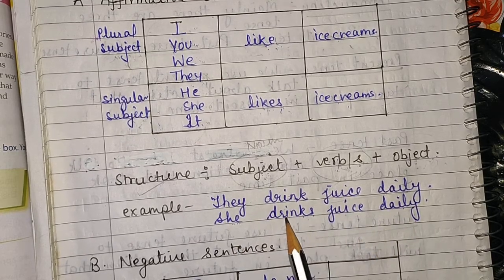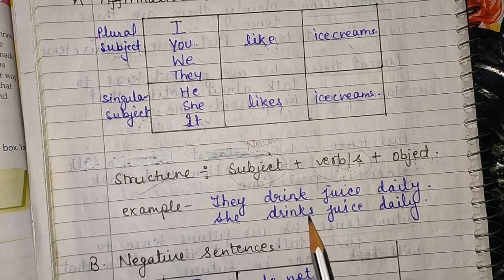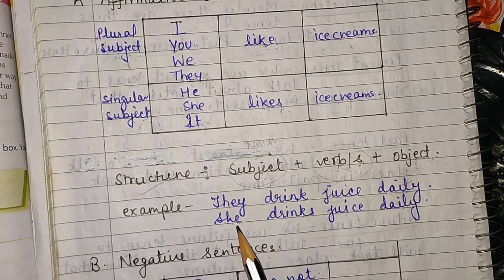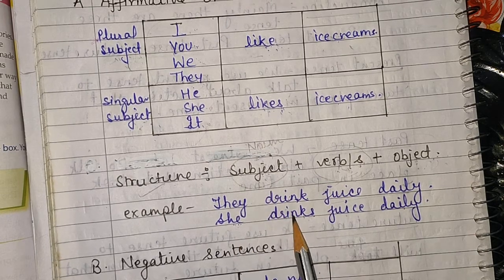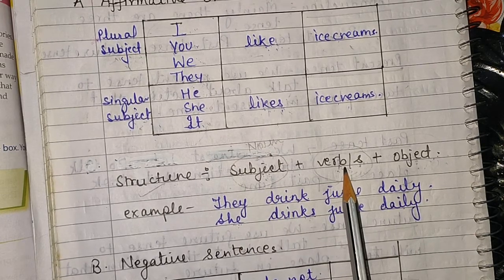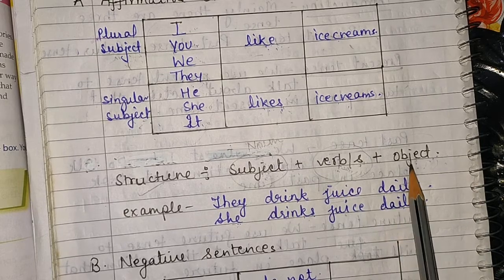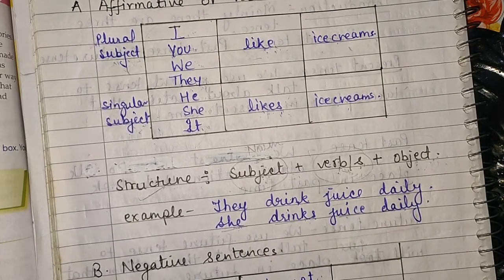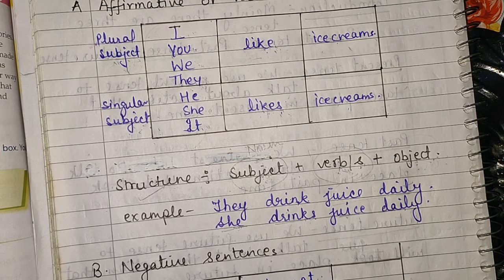So here drink is added with s. Why? Because we have a singular subject. So she is your subject, drinks is your verb plus s, and juice daily is your object. So basically here the formation of the sentence is completed.